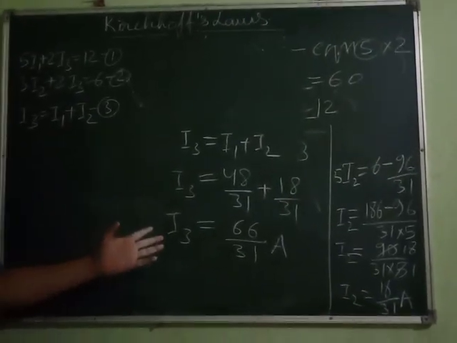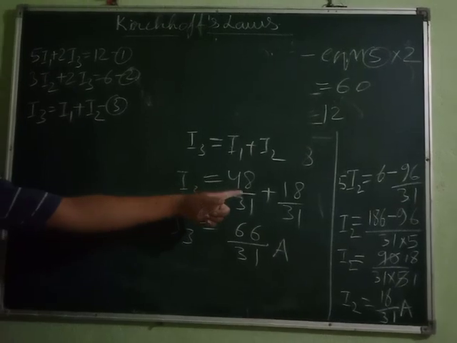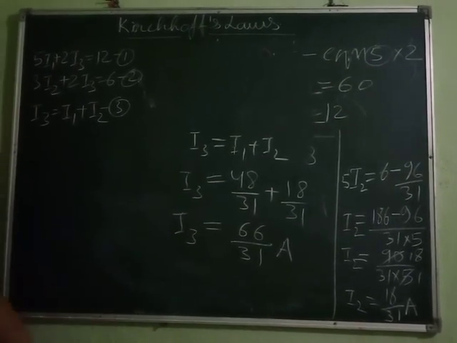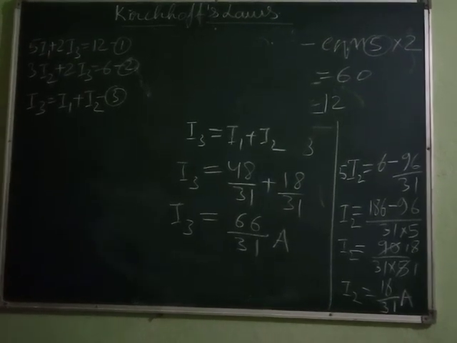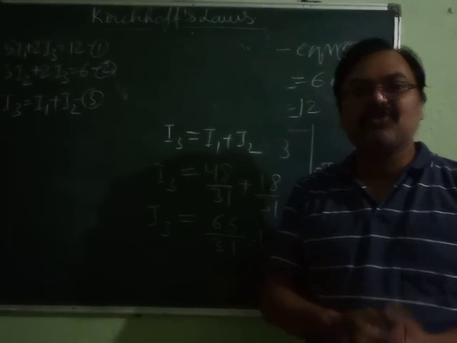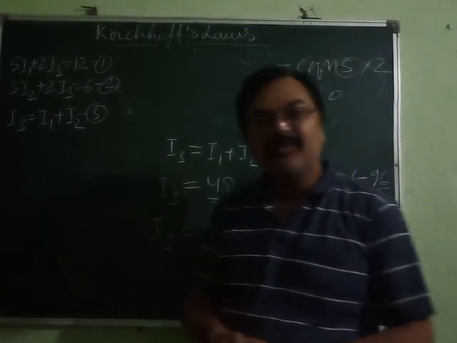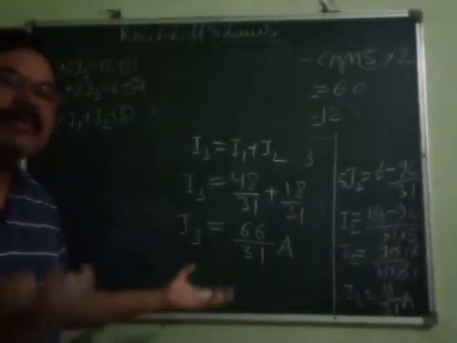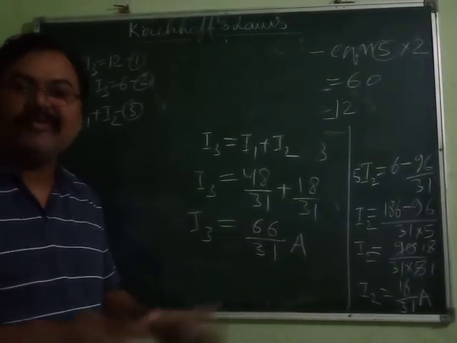In this one, see, we have kept the values of I1, I2, we have added them and we got I3. Now you might have understood what direction of motion we are talking about. Already we have taken clockwise; anti-clockwise, whichever you want you can take. It's your choice. It's not going to affect the answer.